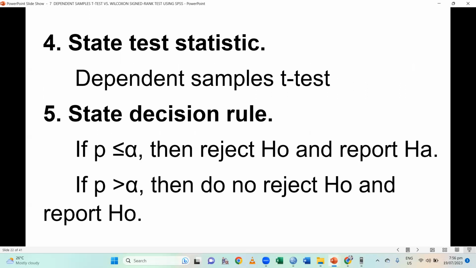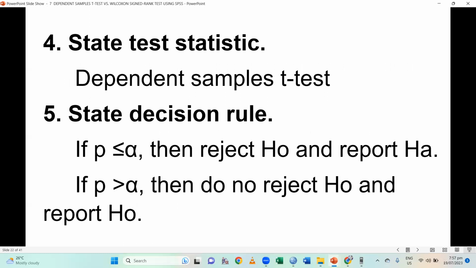For the test statistic, we will use dependent samples t-test. And for the decision rule, it's the same. If P is less than or equal to alpha, then we reject HO and report HA. If P is greater than alpha, then do not reject HO and you have to report HO.